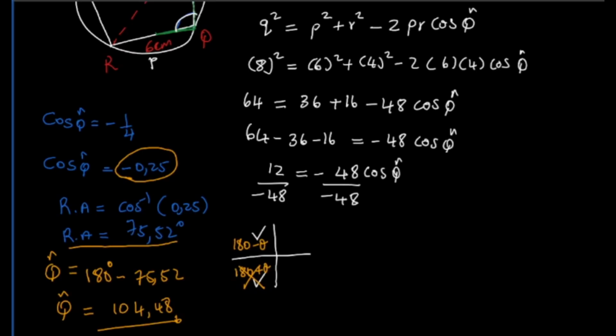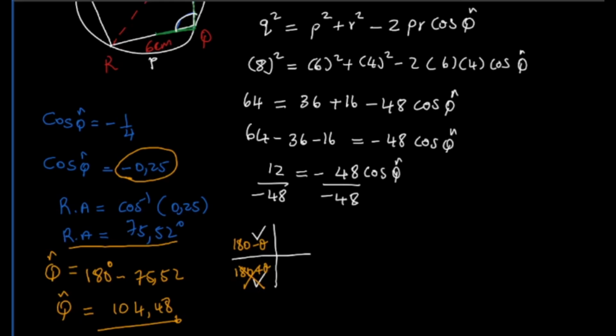We know that opposite angles of a cyclic quad have to add up to 180 because they are supplementary.